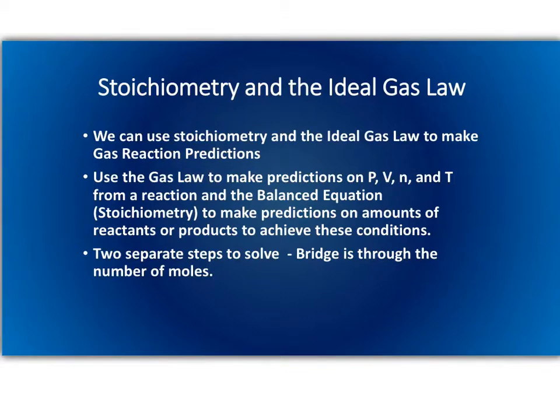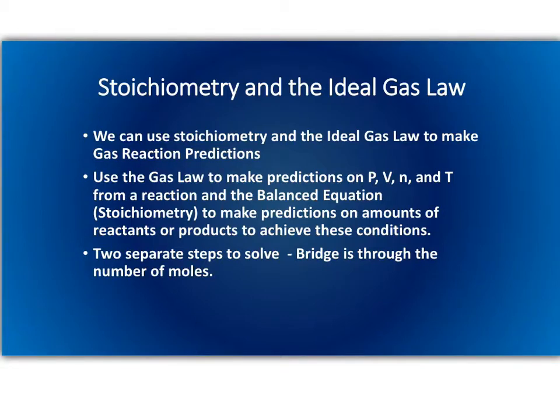Stoichiometry again is the math of chemical equations, and the ideal gas law is the math of ideal gases. So in the ideal gas law, certain conditions like P, V, and T will give a certain number of moles of a material based on the equation PV equals nRT.